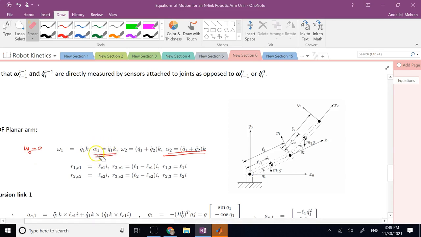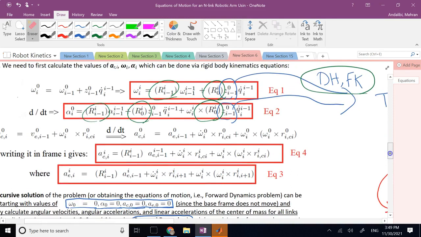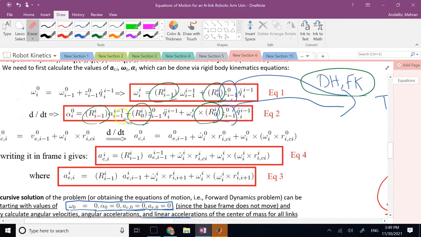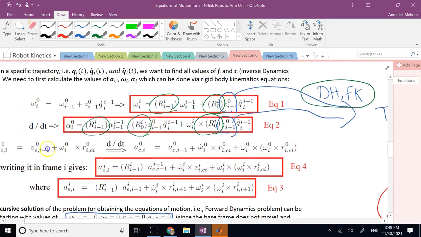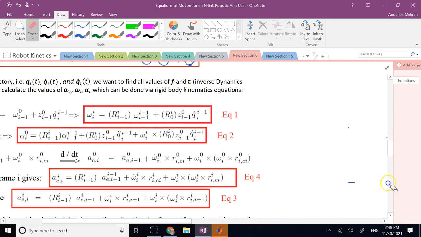Similarly, I can go with the alphas, right? Alpha 1 is kind of obvious, that it is q1 double dot times k. But if I just apply this formula, let me just show you for one of the i's at least. So for this formula, if I apply i equal 1, what do I get? I get alpha of 1 is equal to what?